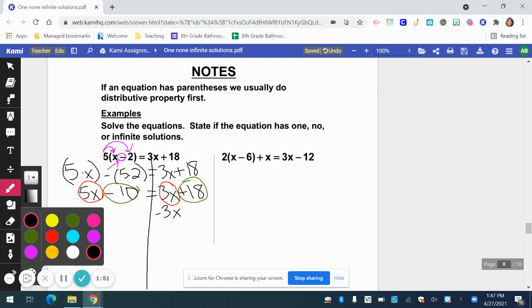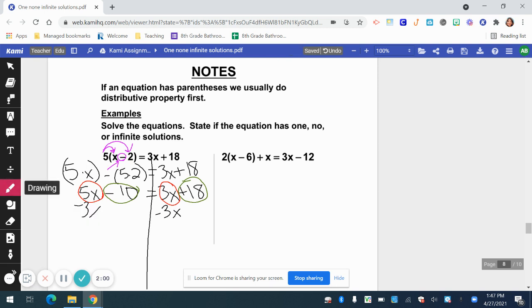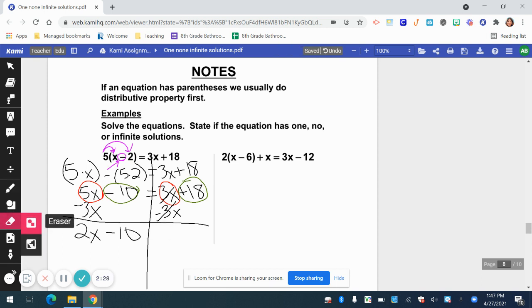So I'm going to subtract both sides by 3x. Okay, so that would cancel out, and that would leave us with 2x minus 10, and then that would be positive 18 on the right-hand side.